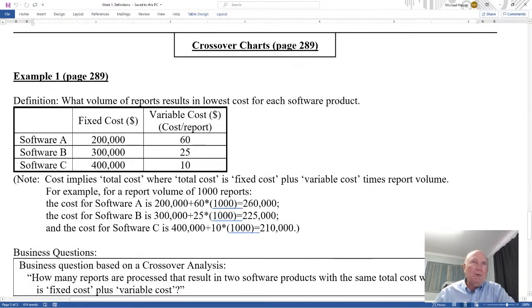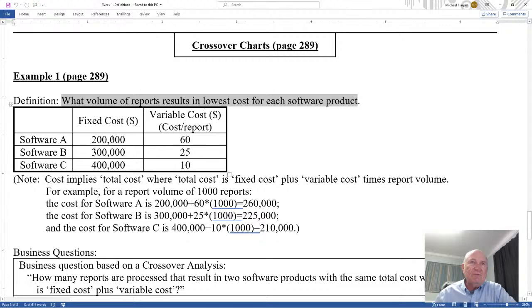Example 1 in the text, page 289, has 3 softwares, and they're looking at the cost of adopting software. What volume of reports, like the number of reports, results in the lowest cost for each software product?